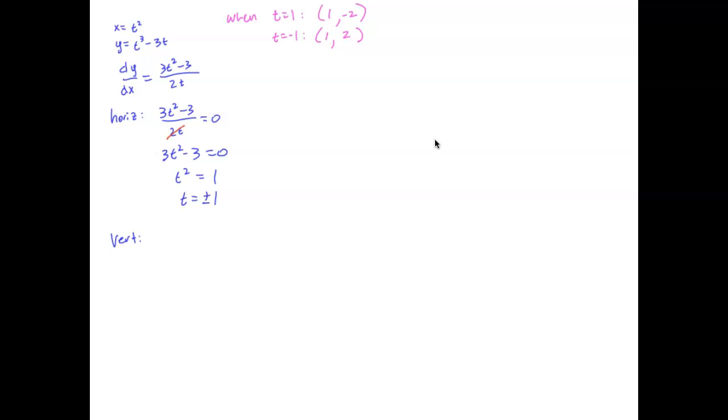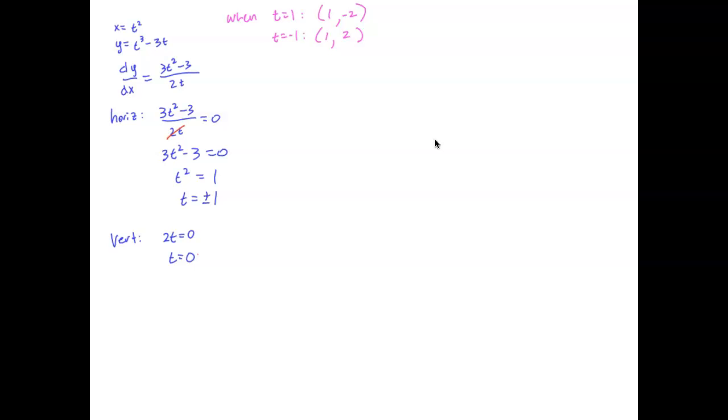So setting my denominator equal to 0, that's just 2t. 2t equals 0, easy enough. t equals 0. We already know that t equals 0 is not a value that makes my numerator 0 because we already solved for the horizontal tangents, which was basically setting the numerator equal to 0, right?